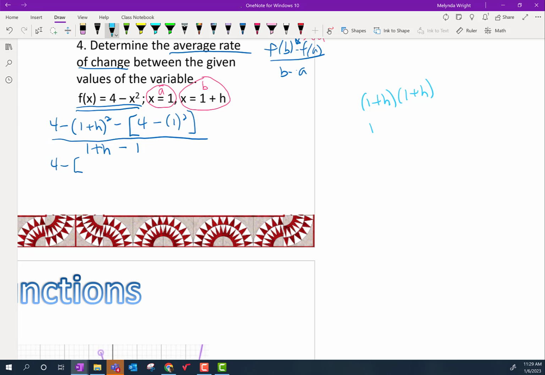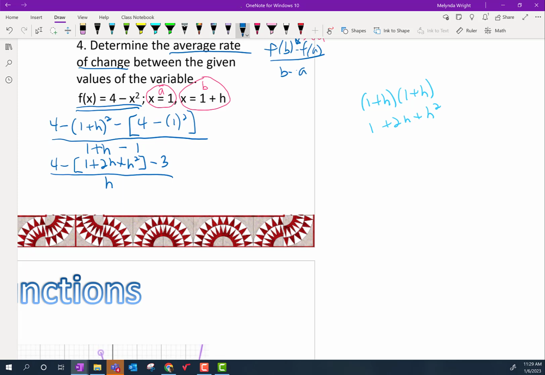So that gives me 1 times 1 is 1, plus h plus 2h plus h squared. So that's what's going to go in that spot: 1 plus 2h plus h squared, minus 4 minus 1 is, what is that, 3? All over, combining like terms in the denominator leaves me with an h.